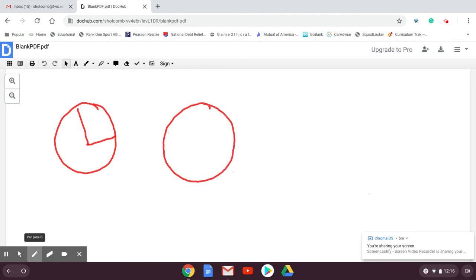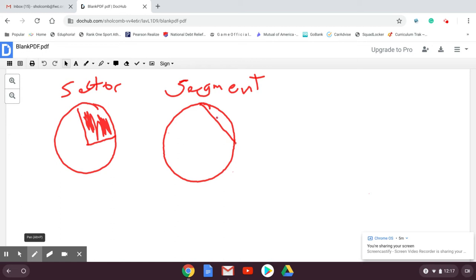So I'm going to draw another circle. This is a sector right here. In fact, I'll even label them so you can see it. And this is what's going to be called a segment. It's the segment of a circle. It's basically a segment that goes across a circle.